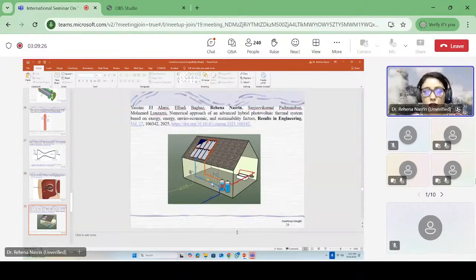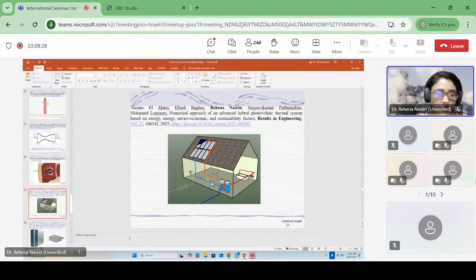And then I'm going to another figure. This is the advanced hybrid photovoltaic thermal system. You can see there is a house, and on the roof of the house there is a photovoltaic thermal system.